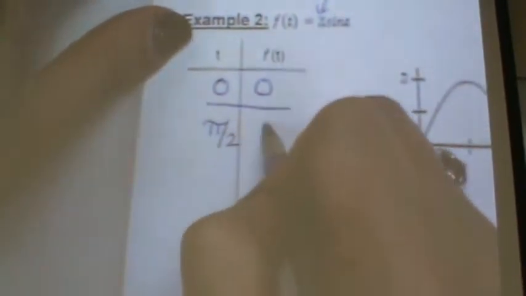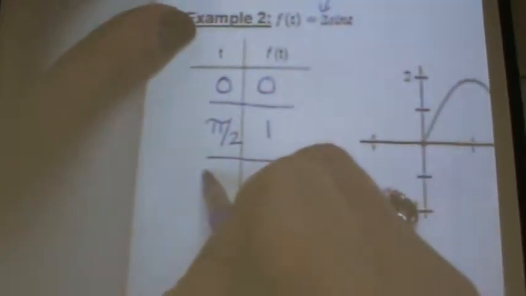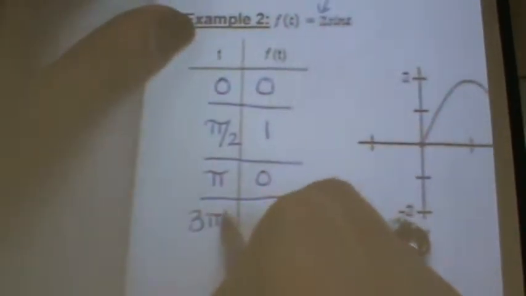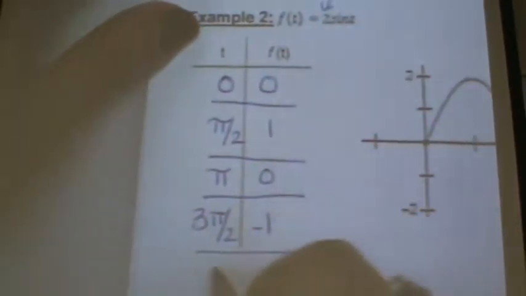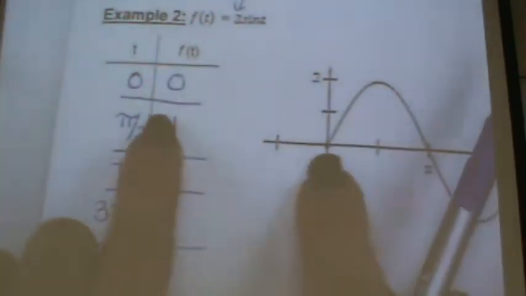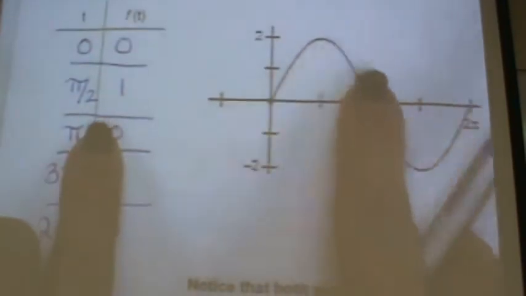So if you take those 5 points that we talked about, what were they? 0, 0. We did pi over 2, 1. We did pi, 0. We did 3 pi over 2, -1. And we did 2 pi back to 0. It was on, above, on, below, on.